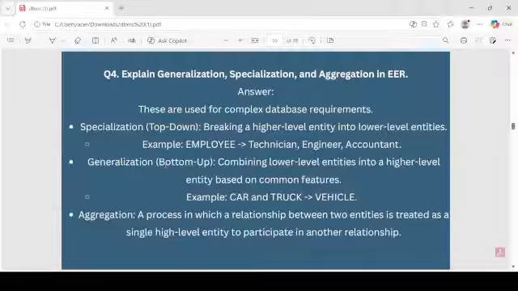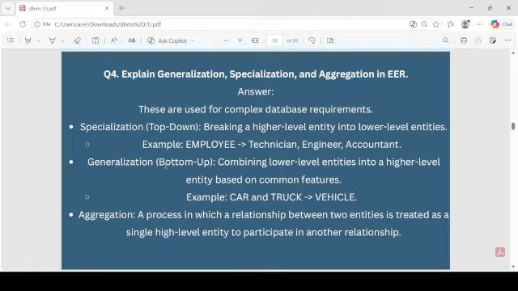The next is generalization, which is a bottom-up approach where lower-level entities are combined into a higher-level entity based on common features, like car and truck into vehicle.